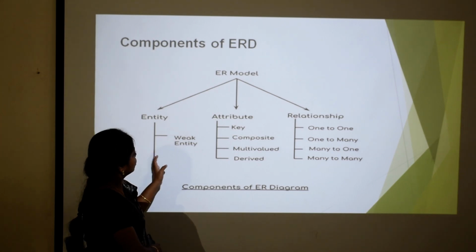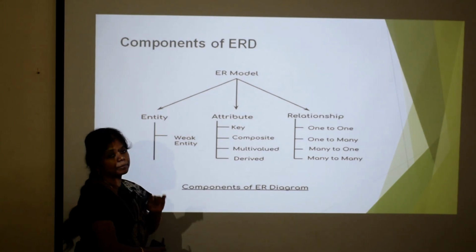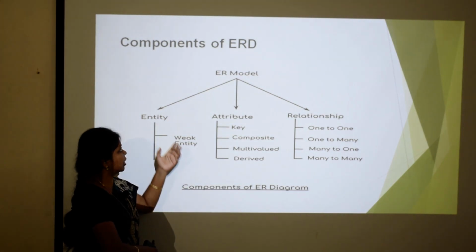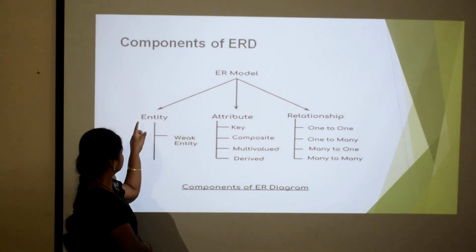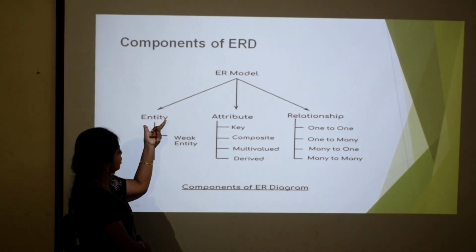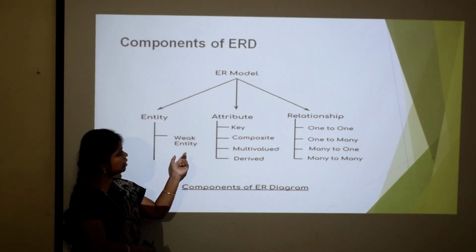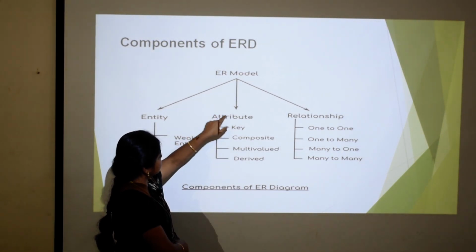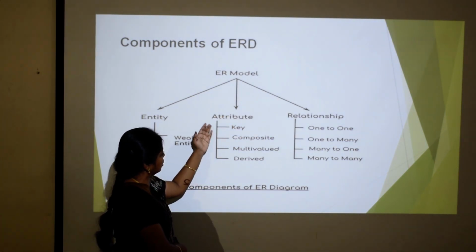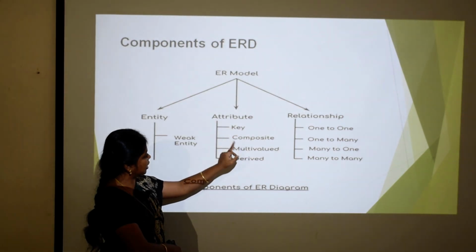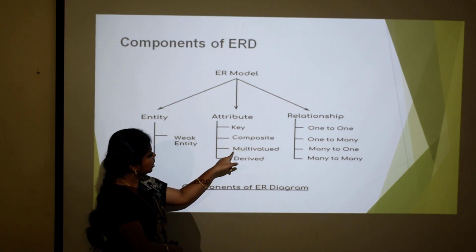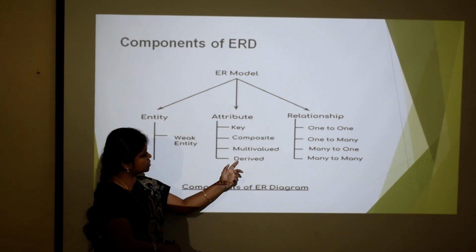Next, as we have already discussed, what are the components of an ER diagram? In the entity relationship model we have only three components. The three components are entity, and inside the entity we have weak entities also, which I will explain later. Next one is attribute. You have four types of attributes: key attribute, composite, multi-valued, and derived.